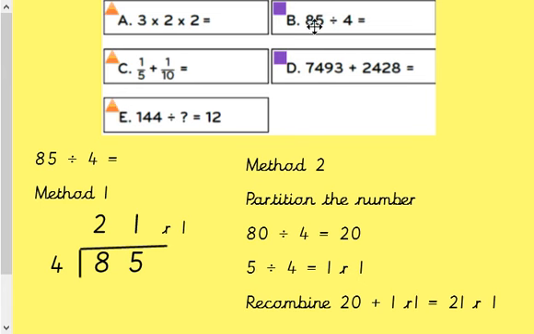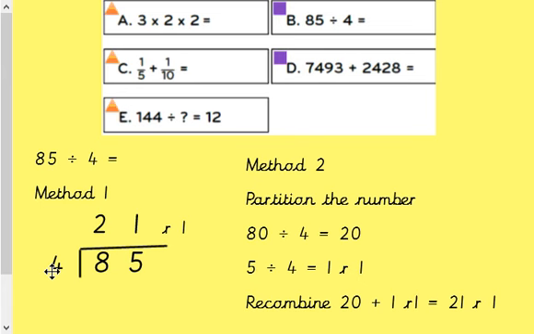Okay, second question we're going to look at, question B, 85 divided by 4. This one you could use pencil and paper for. For the first method, I'd be using a short bus stop method of division. So we would line up the columns properly. The question is basically asking us how many 4s go into 85.